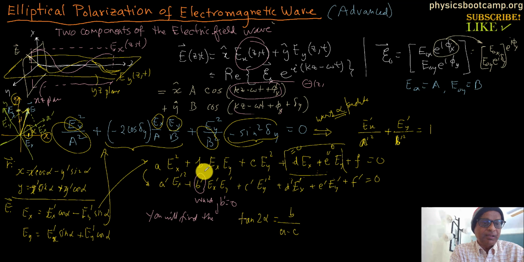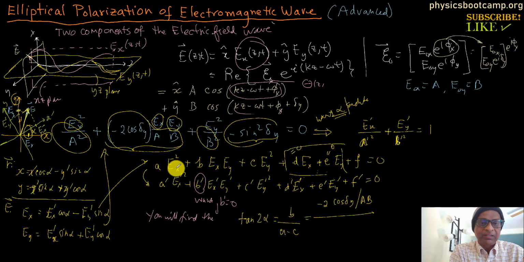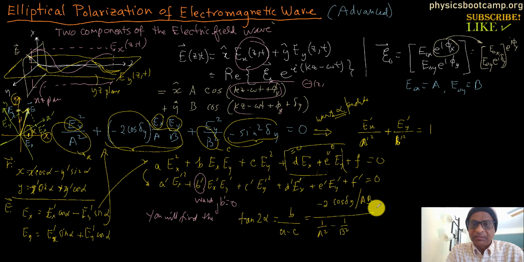So in our case, little b is this whole thing, minus 2 cosine delta y over ab, and a minus c, this is little a and this little c, 1 over a square minus 1 over b square.